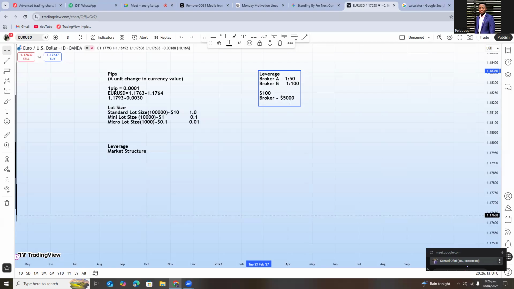That means you are trading with $5,000 with broker A. And then for broker B, you are basically trading with, you multiply 100 by 100, and that gives you $10,000.